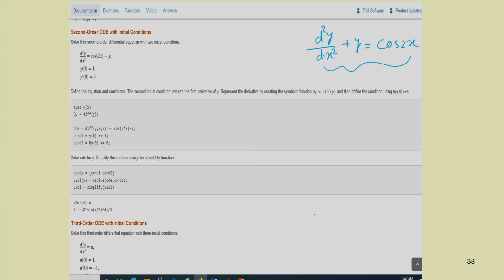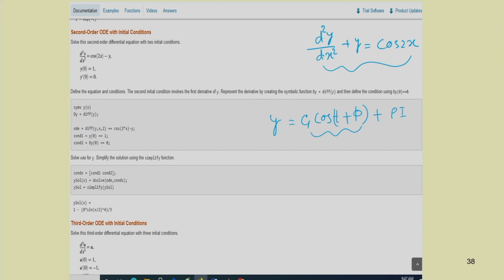So the complementary solution is C1 cos t, since omega equal to 1, or you can write C1 cos (t plus phi), where phi is the phase. This is the complementary part, and then you have to add the particular integral.